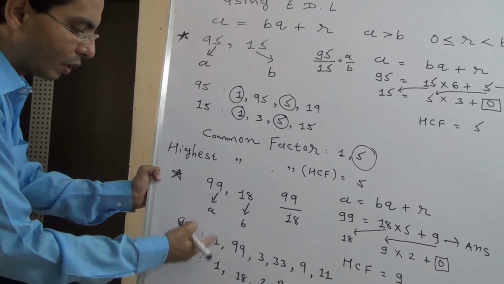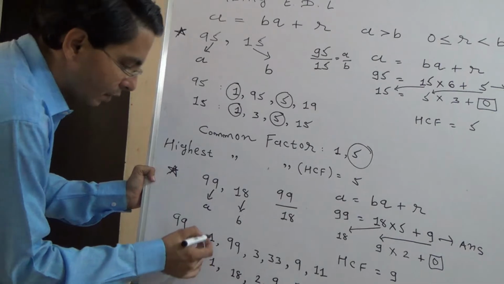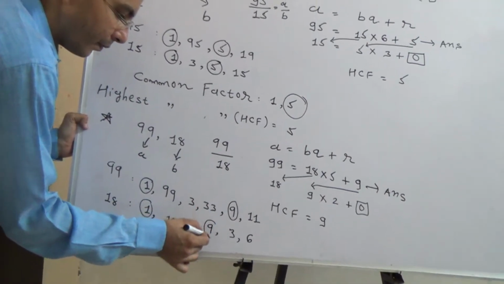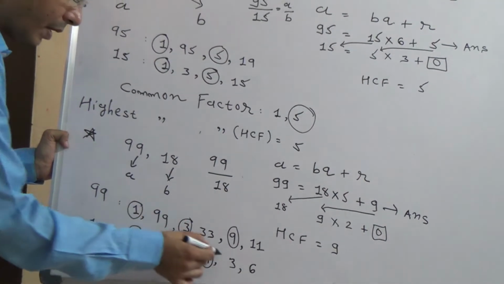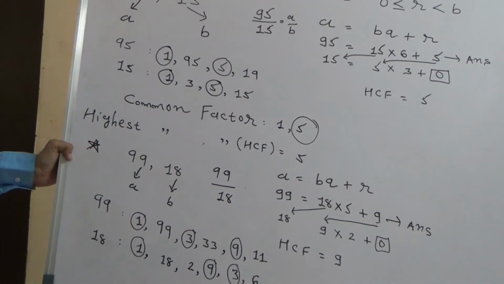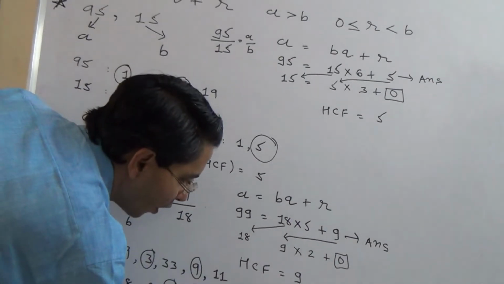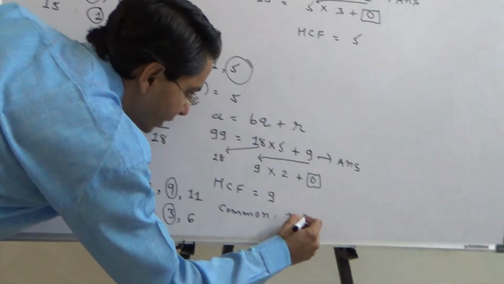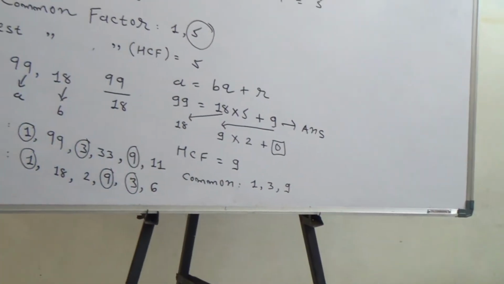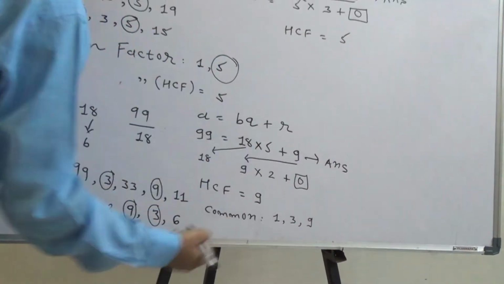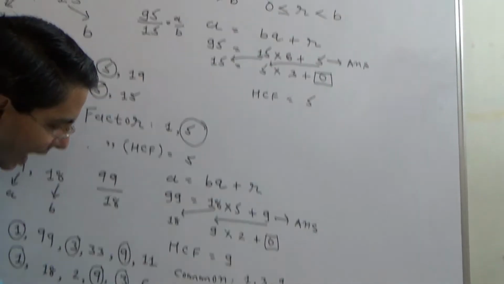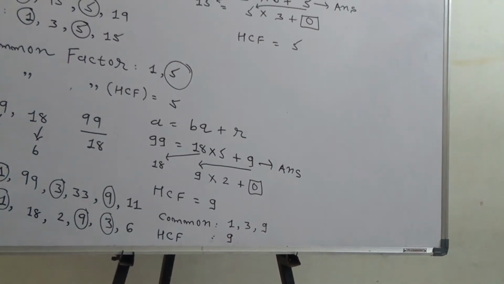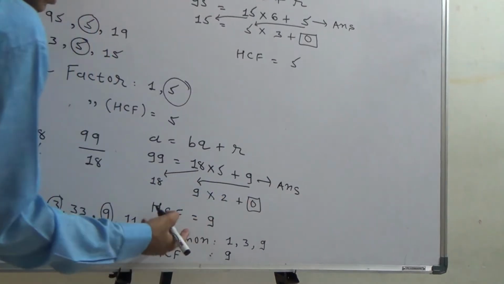If you compare both sets of factors, 1 is common, 9 is common, and 3 is also common. So our common factors are 1, 3 and 9. But the highest common factor, HCF, is 9.